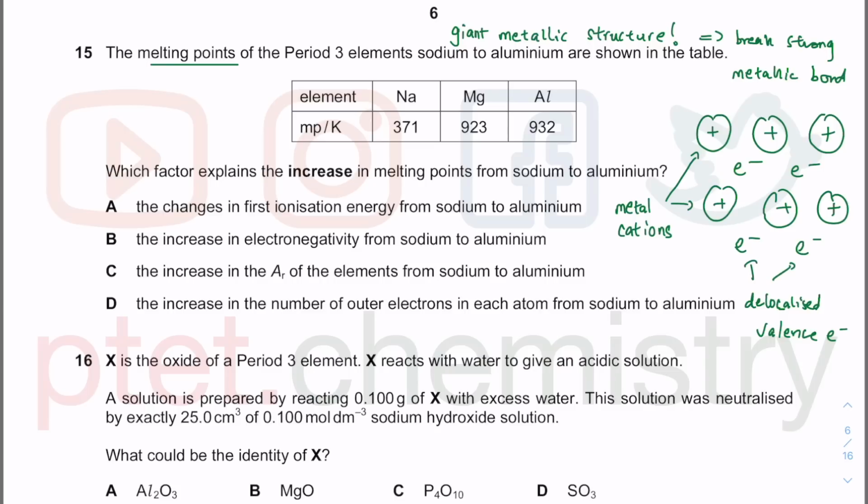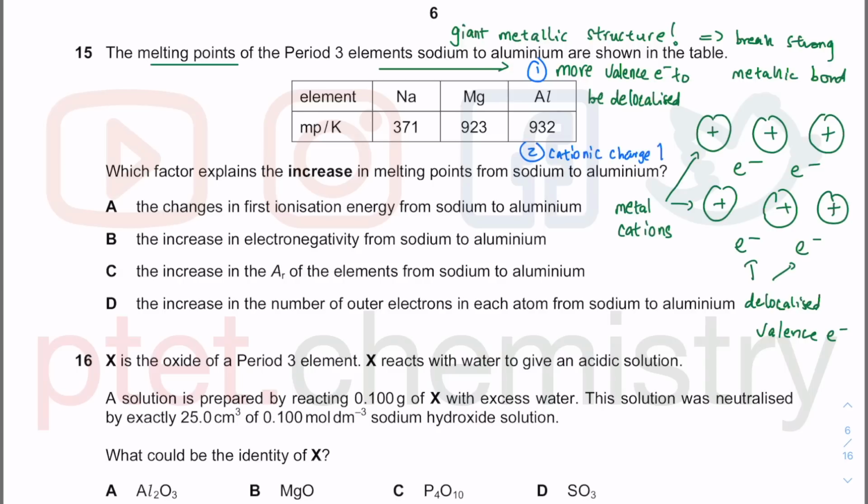As you go from sodium to magnesium to aluminium, we can imagine that we have more valence electrons to be delocalized. We are pumping more and more electrons into the delocalization, and therefore we increase the amount of negative charge in the system. As we do that, our cations also increase in charge, so the cationic charge increases.